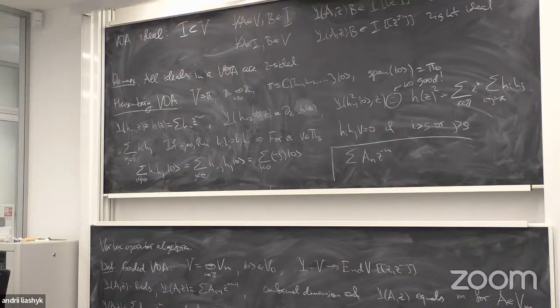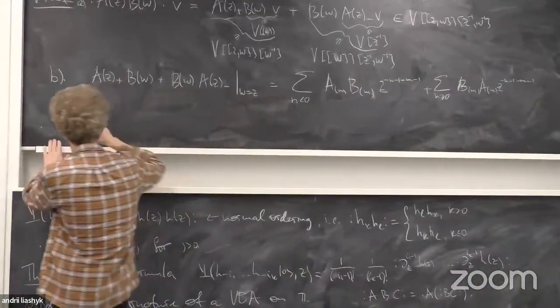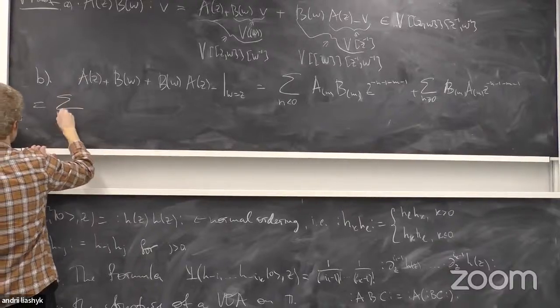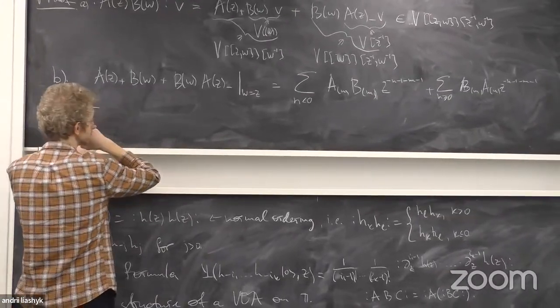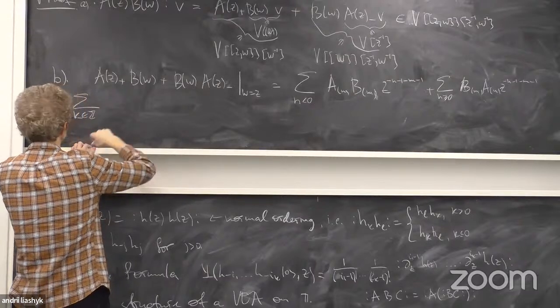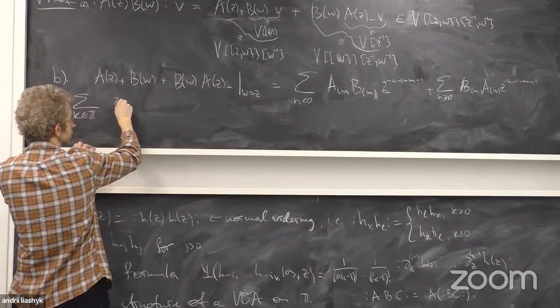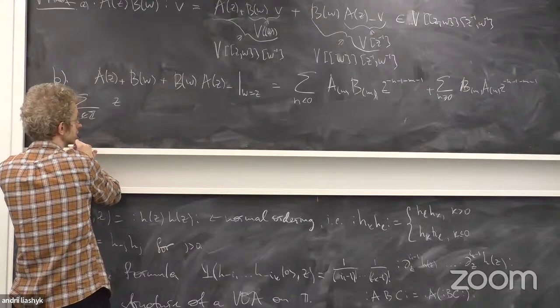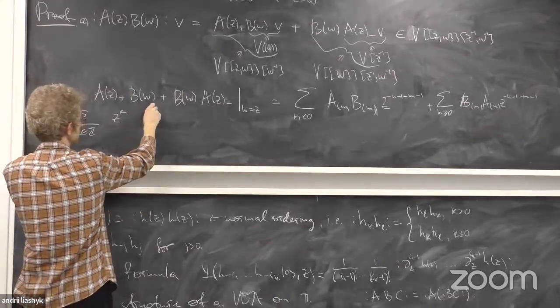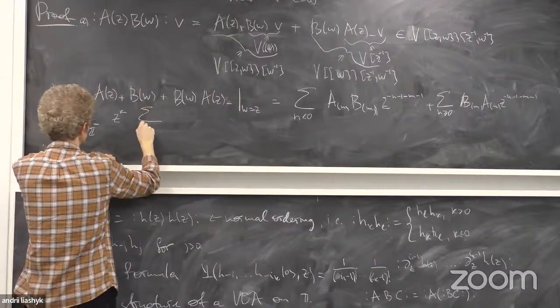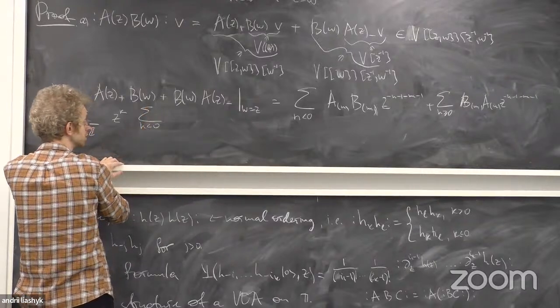Very good. So then we can just collect the terms, k from Z, and we write here Z to the k, and here the sum over n less than 0.